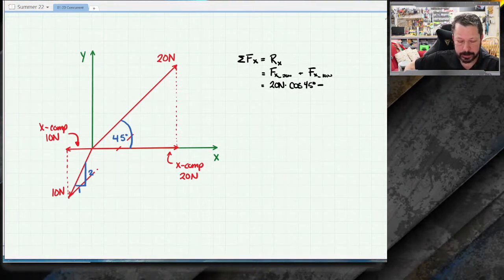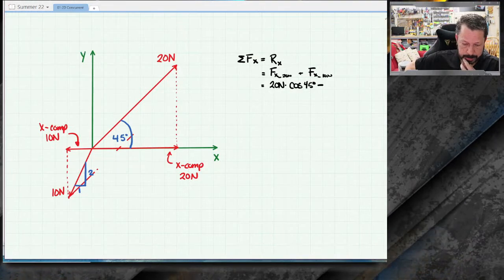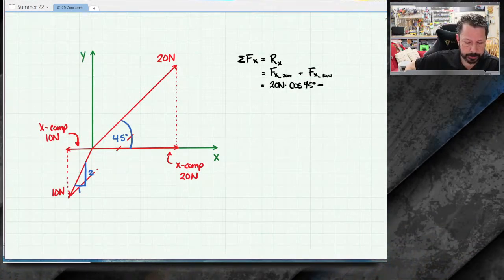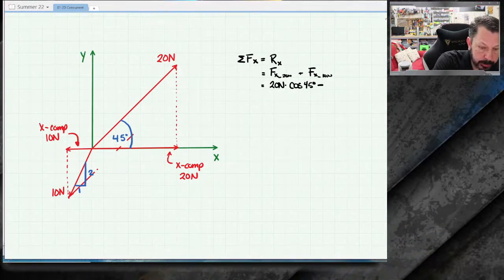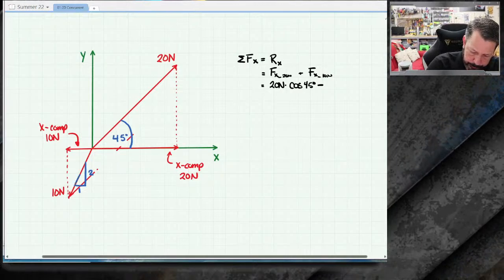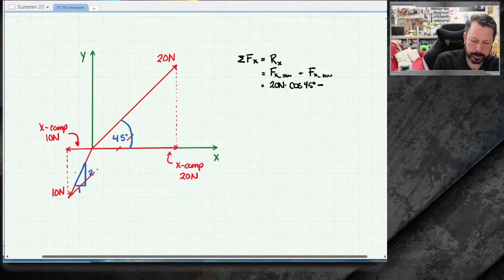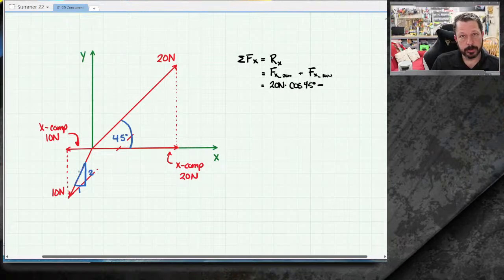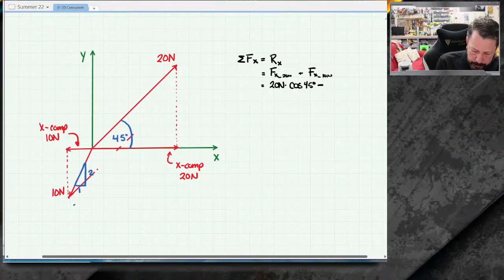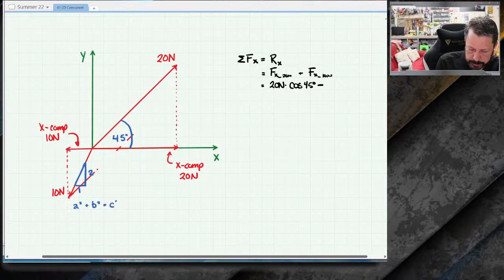There's a couple of ways you could do this. Here's one way. This little blue 1 and 2 triangle, we could finish the triangle, and remember the Pythagorean Theorem, a squared plus b squared equals c squared.